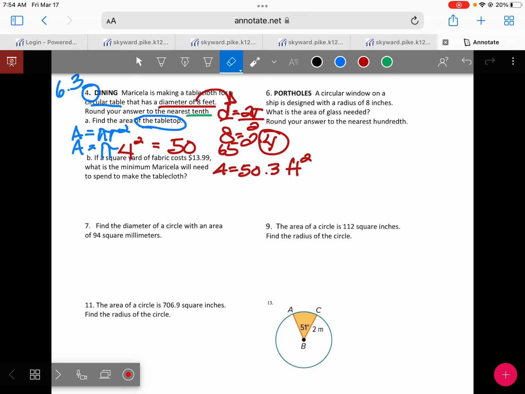They don't usually give you square feet. So I would say round this up to 51. Round up. Okay. And take $13.99 times 51 and tell me what you get.